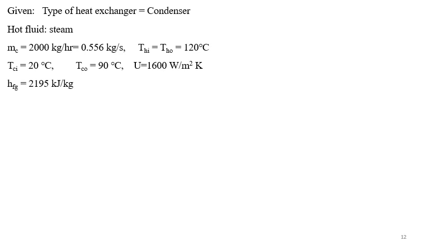THI is equal to TH naught is equal to 120 degrees centigrade. TCI is 20 degrees centigrade and TC naught is 90 degrees centigrade. Overall heat transfer coefficient U is 1600 watt per meter square Kelvin, and HFG, the latent heat of steam, is 2195 kilojoule per kg.